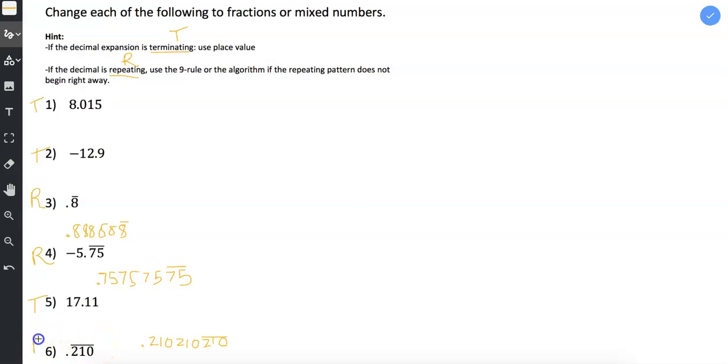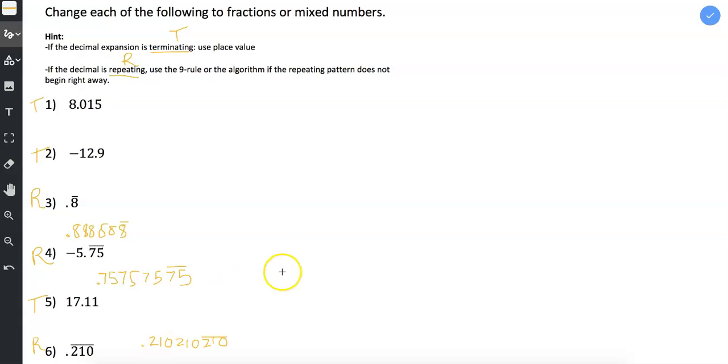So we call this a repeating decimal. Now, last year and in previous years, you practiced changing terminating decimals to fractions and mixed numbers. You have never taken a repeating decimal and changed it to a fraction. But I'm going to start to show you how to do that today.